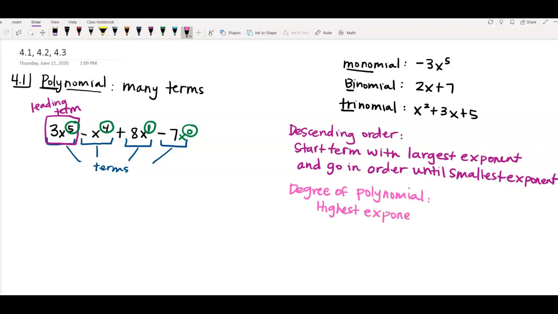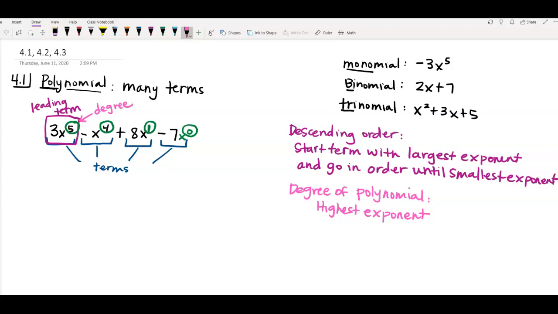So on this one, the degree of our polynomial is 5 because it's our highest exponent. And each of the terms can also have a degree, and we'll talk about that a little bit more in the next example that I do. But when it says degree of polynomial, you're just looking for that highest exponent there.